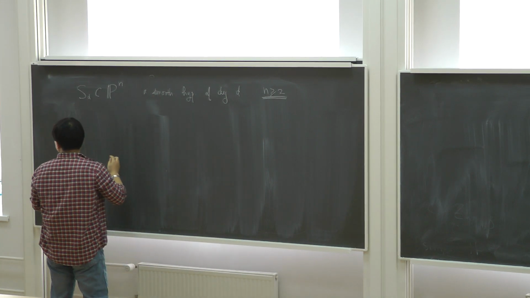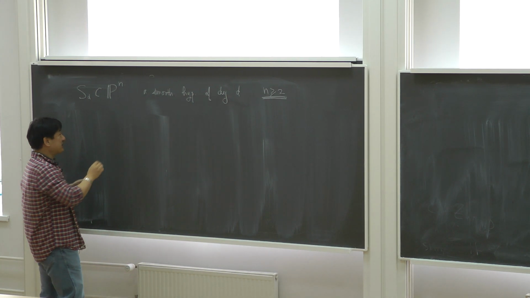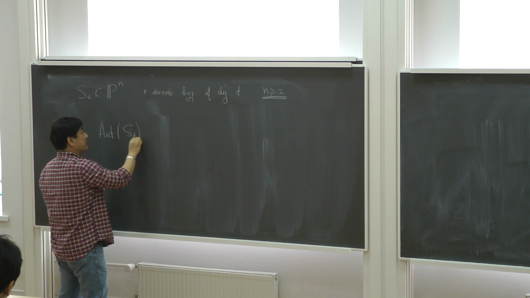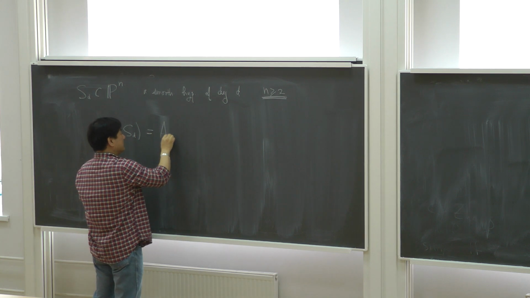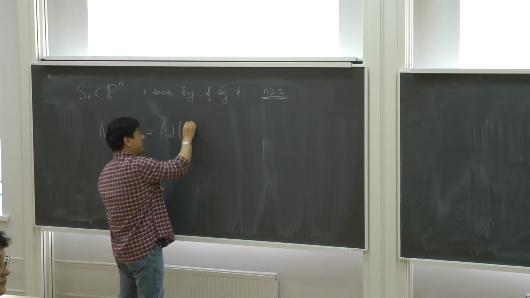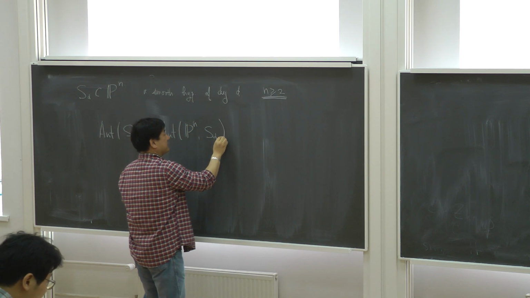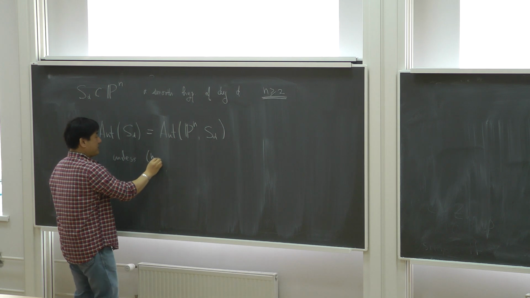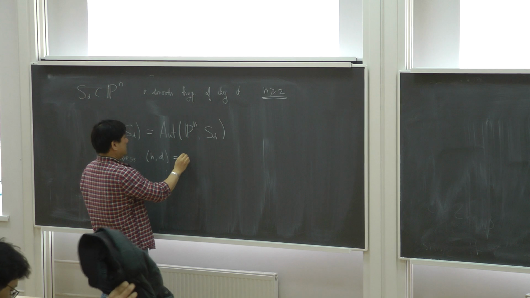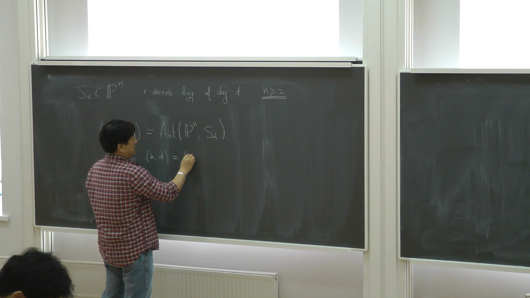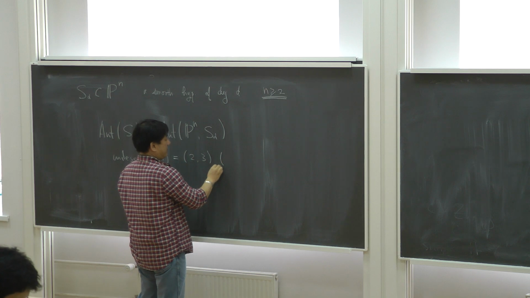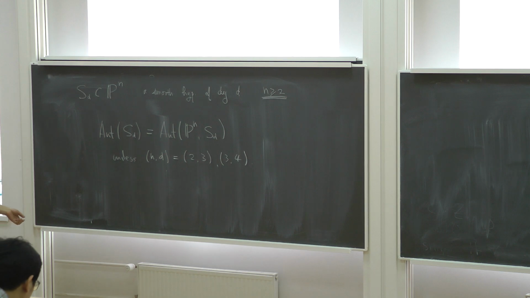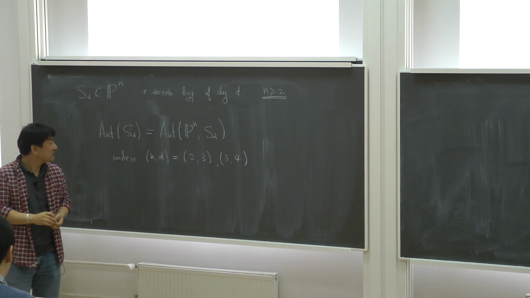We know this famous theorem, which says the automorphism group of this hypersurface is exactly the same as the automorphism group of Pn which fixes this hypersurface, unless (n, d) is (2, 3) or (3, 4). This is a very basic and famous classic statement.